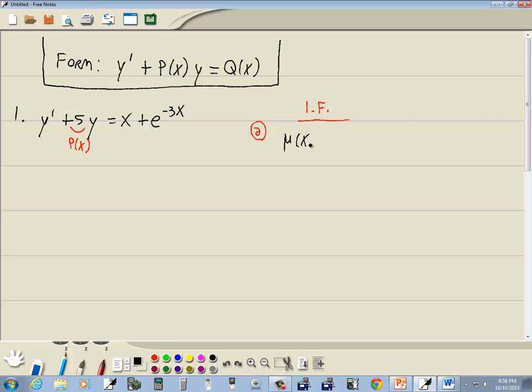Mu sub x is equal to e to the power of the integral of p of x, which was 5, dx. Well, the integral of a constant, remember, you just put an x on it. So that'd be 5x. Now, we don't worry about putting a plus c on here because this is just an integration factor. And we're going to end up multiplying everything by it. We handle c later on.